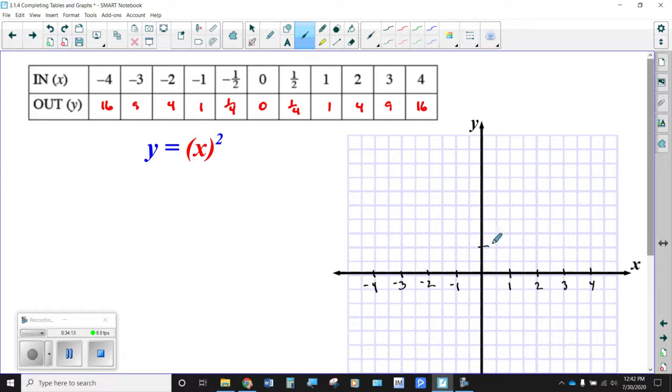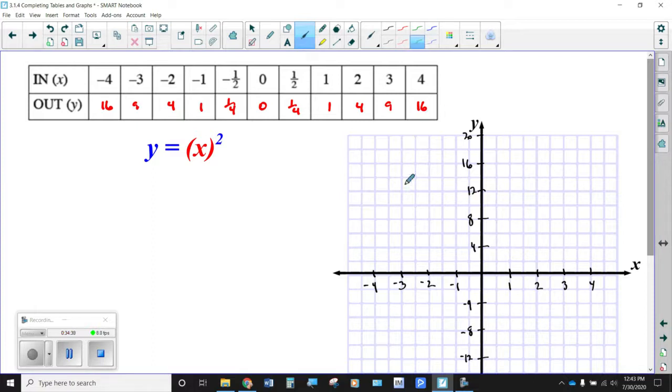So this will be 4, 8, this will be 12, this will be 16, and this would be 20. I feel like I shouldn't need to label these, but I'm going to anyway, because we're not going to be graphing anything down here. None of our y values were even in the negative region.